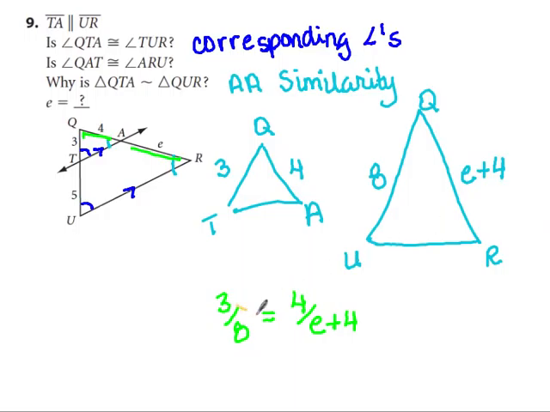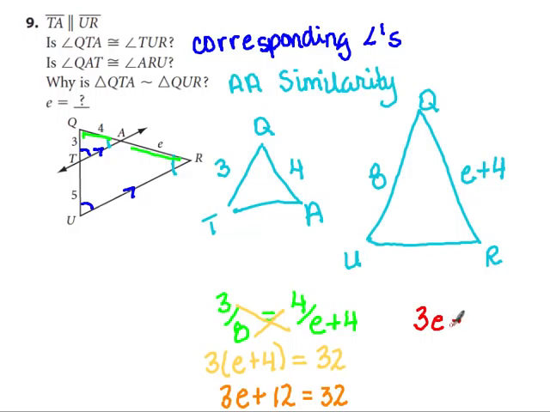Now when I cross multiply, I end up having 3 times E plus 4. And what will that equal? Well, it's going to equal 32, right? And then I'm going to go ahead and distribute. So it does equal 3E plus 12 equals 32. So if you subtract 12, what do you get 3E to equal? 20. So E equals approximately 20 over 3, or 6 2/3.